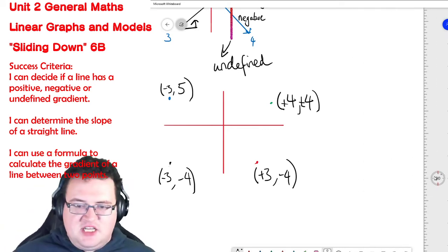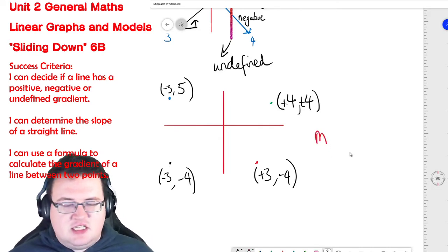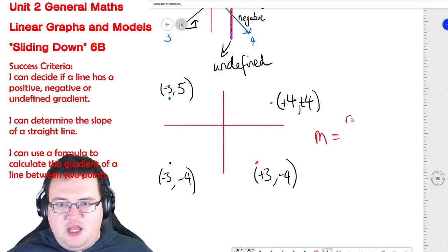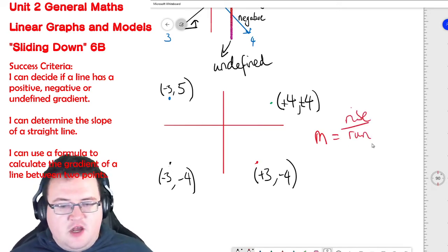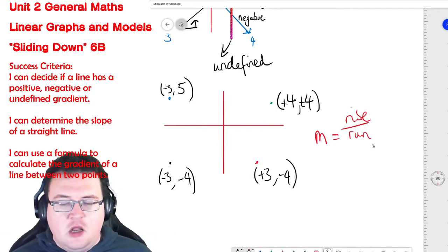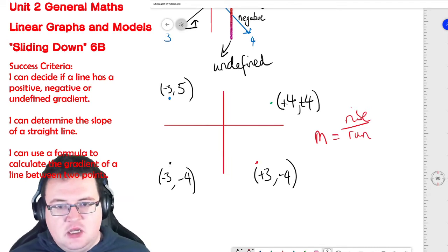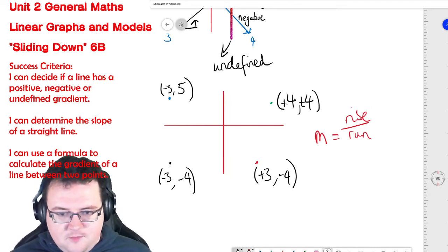Some of you may have seen this before. Now, some of you would know the gradient, the symbol m, as being rise over run. Now, the idea is that we want to change your thinking about that. So instead of rise over run, we want you to use an actual mathematical formula with actual numbers to help your thinking.